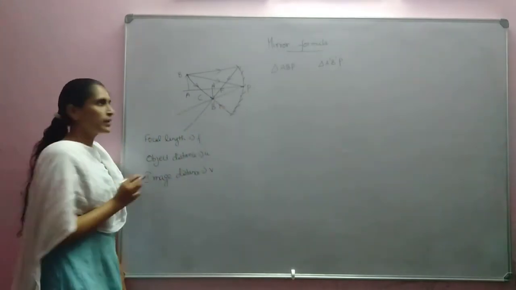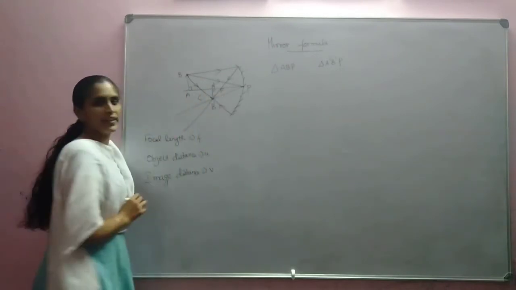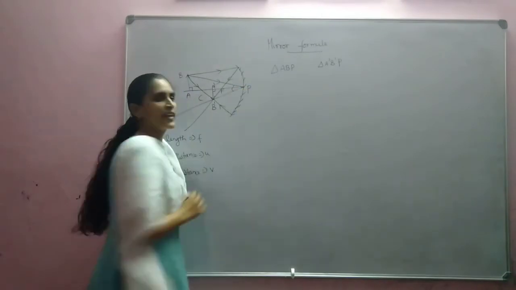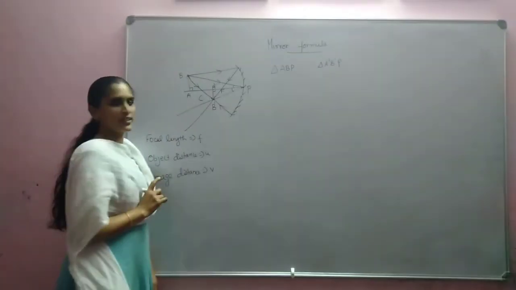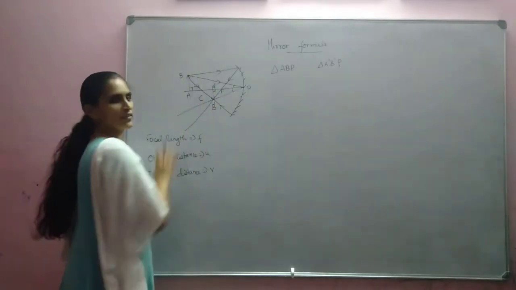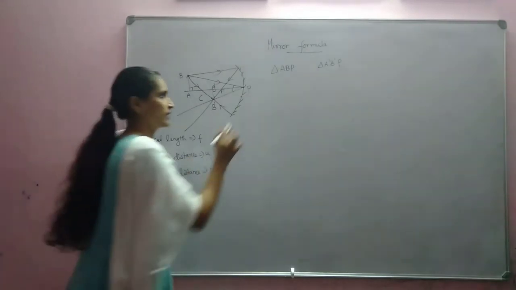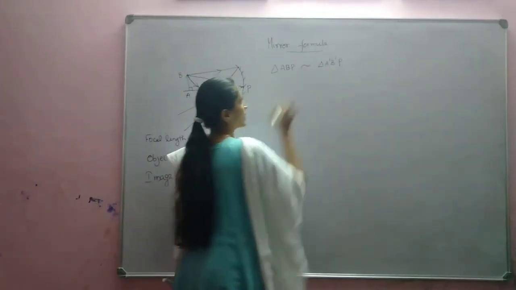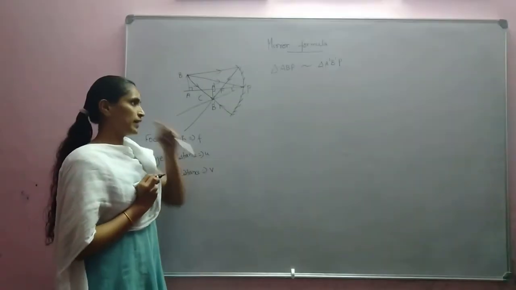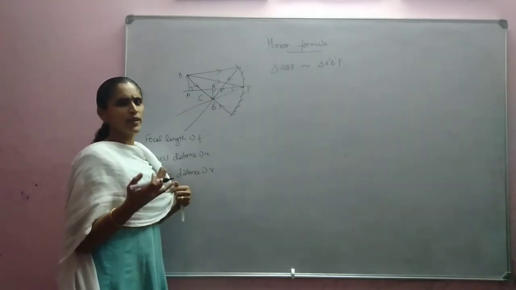Why are they similar? This angle is 90 degrees, and this also is 90 degrees. Again, this angle and this angle are both the same. Why? Angle of reflection is equal to angle of incidence. So if two angles are the same, we can say that these two triangles are similar triangles. So triangle ABP is similar to triangle A dash B dash P. In the case of similar triangles, we know the property that corresponding parts are proportional.